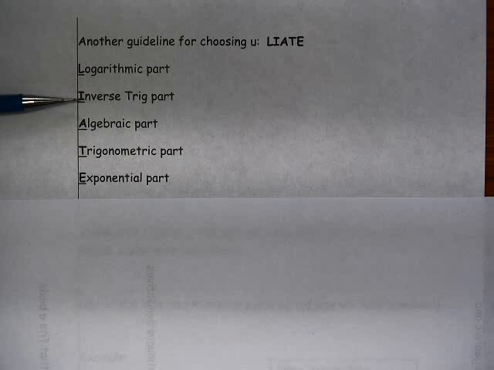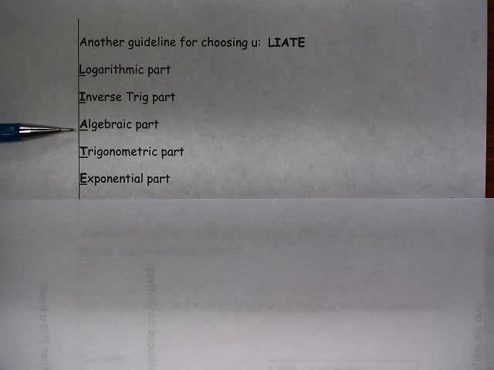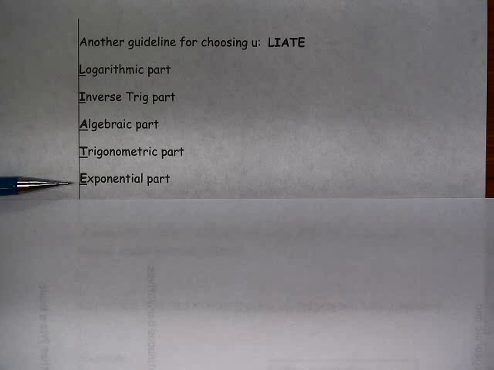If not, we're going to try to let u be the inverse trig part, if there is one. If not, then we're going to let u be the algebraic part, if there is one. If there isn't, then we'll try to let u be the trigonometric part, and finally, if we have no other option, then maybe u will be equal to the exponential part.